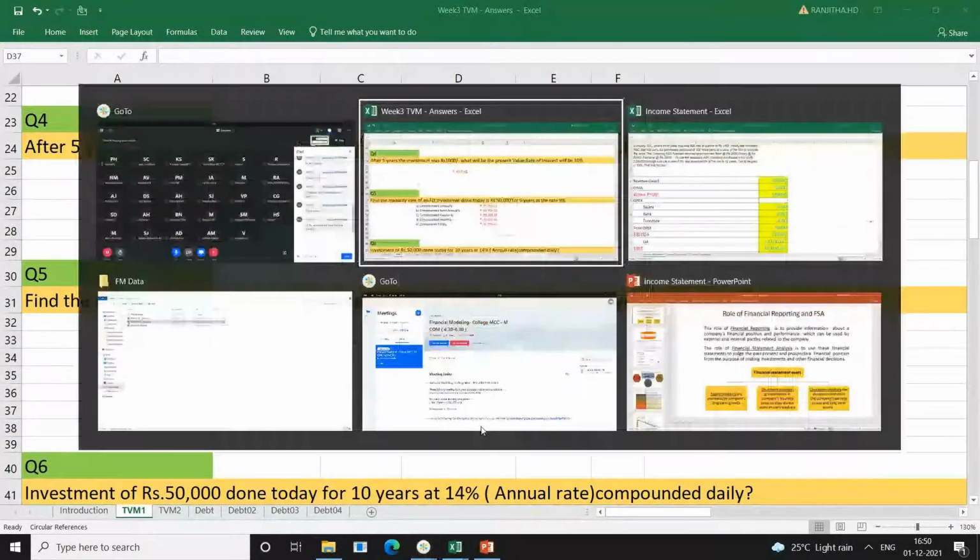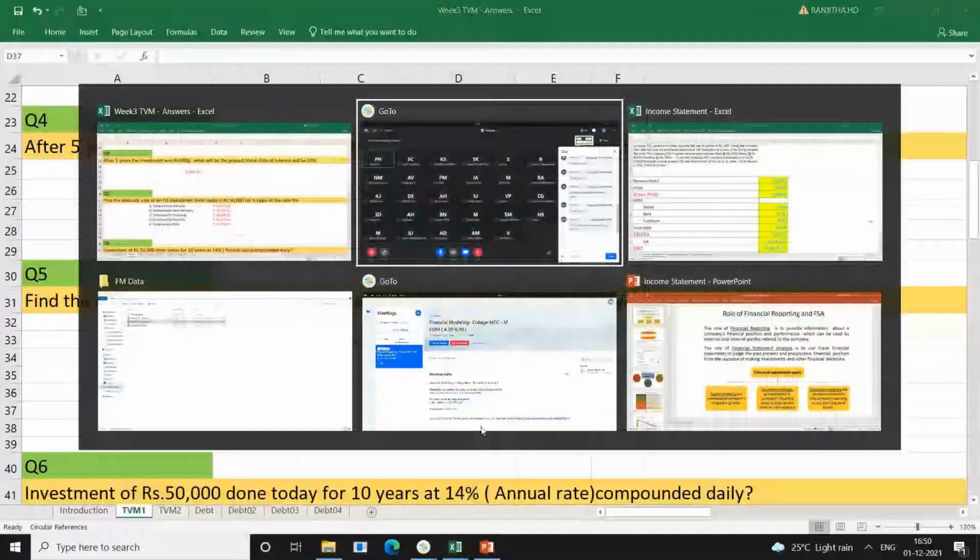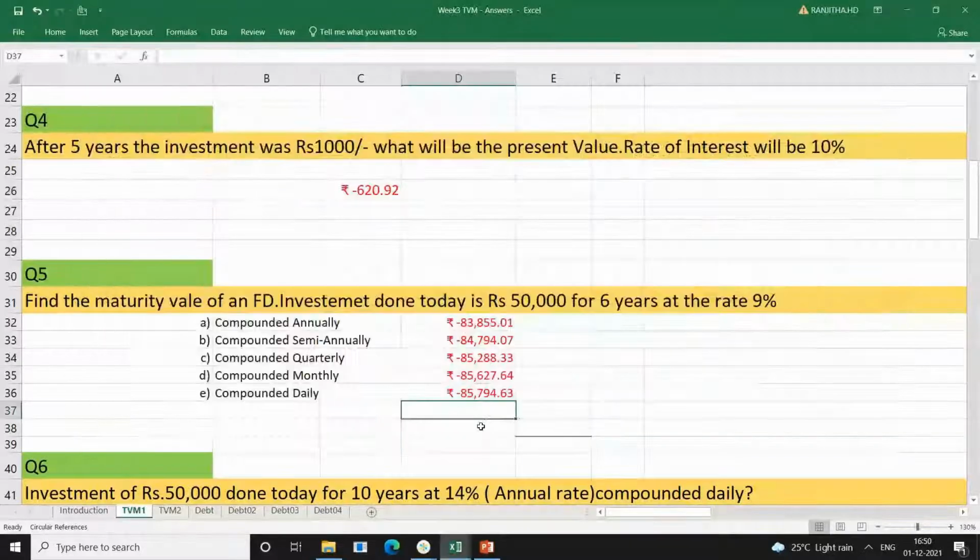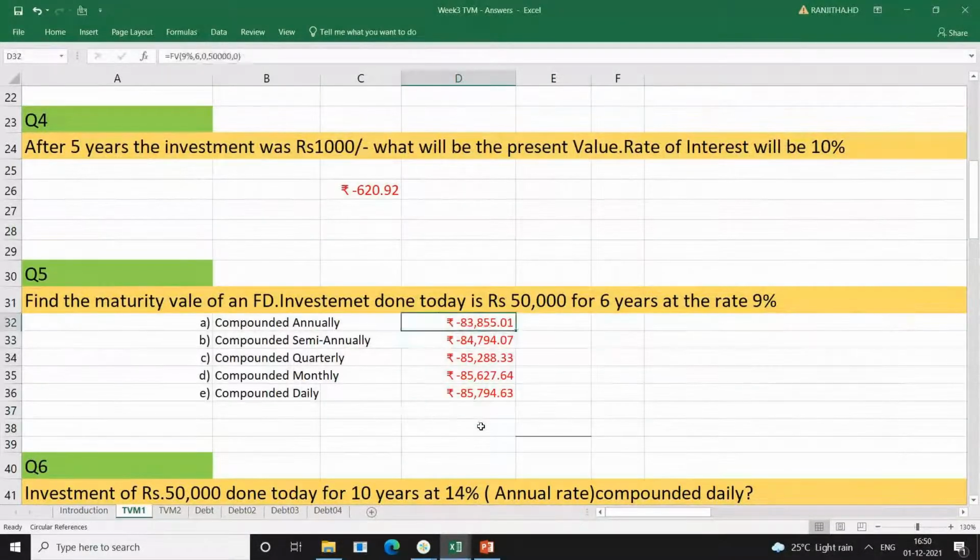If you want to compound annually, it is the normal formula only. You don't need to specify, you directly give the years, 6 years itself. The normal formula I told you for the future value. Only if you are compounding semi-annually, quarterly, monthly or daily, then you need to define this format.